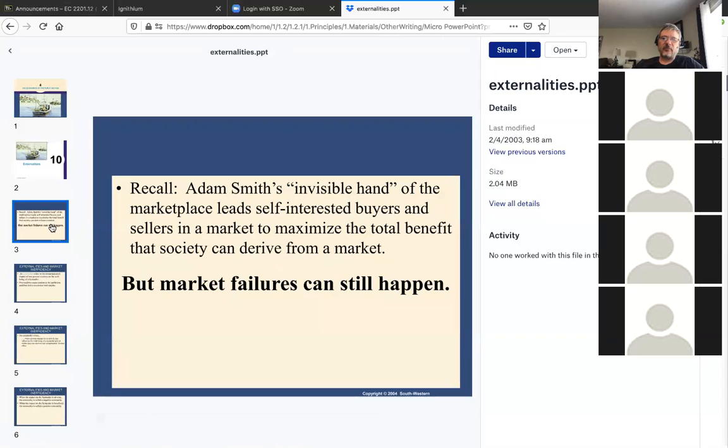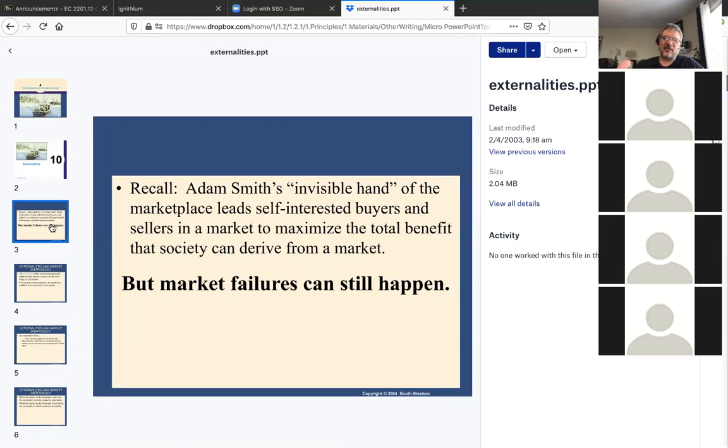So we said at the beginning there's this big idea that markets are efficient, and this was basically the idea of Adam Smith. He's saying people are self-interested, and that's fine, and they can represent themselves. They don't need anybody else, and you'll get an efficient outcome, as if by an invisible hand.